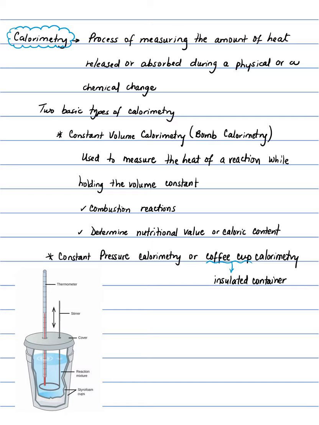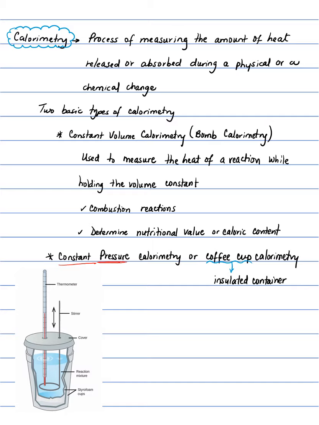In this picture is a setup for an experimental procedure. If you're using constant pressure calorimetry, and it's constant pressure because that's just atmospheric pressure, you will have a coffee cup, and we usually have two of them, one inside of the other.